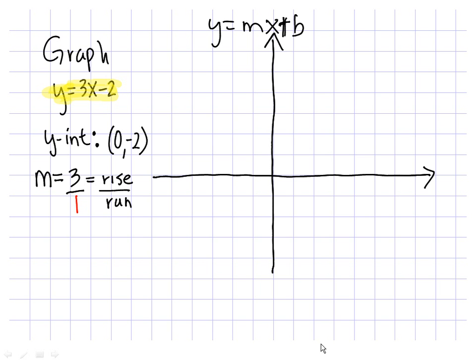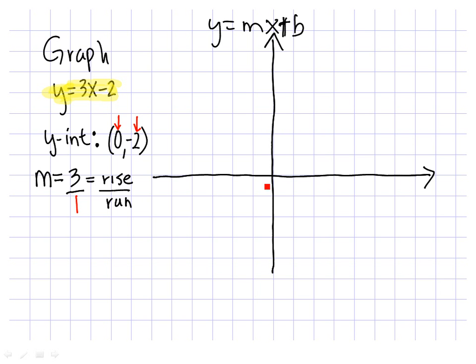Okay, let's get started. So first, plot the y-intercept. Where should you go to plot 0, -2? 0, you go left or right for x. -2, you will go up or down. So for 0, we will not go left or right because it says go 0 units for left or right.